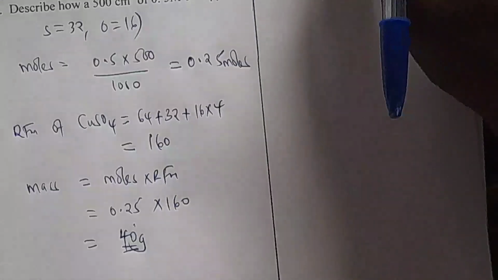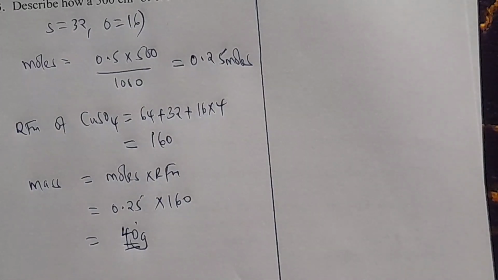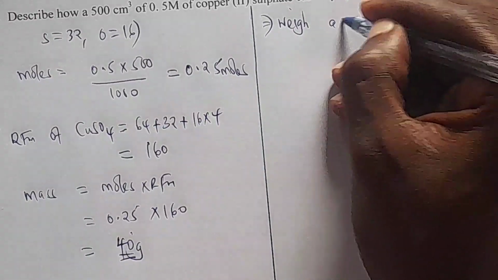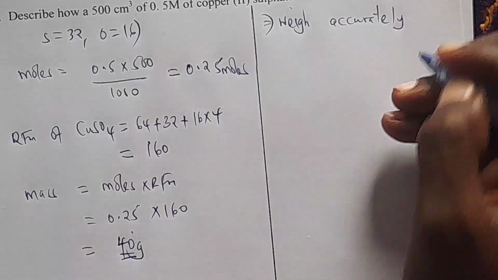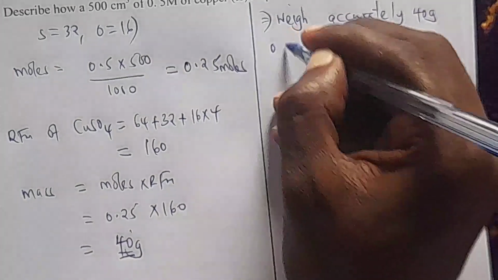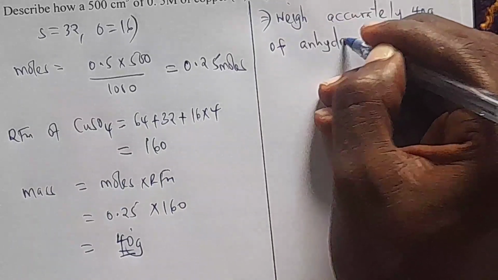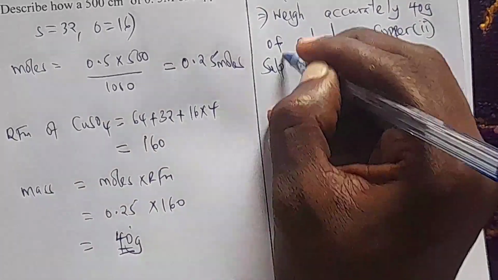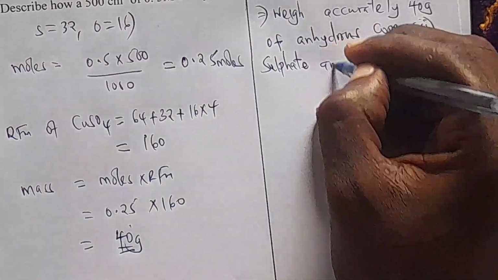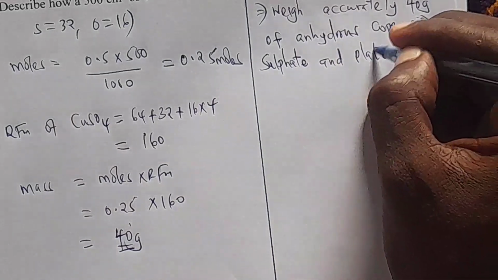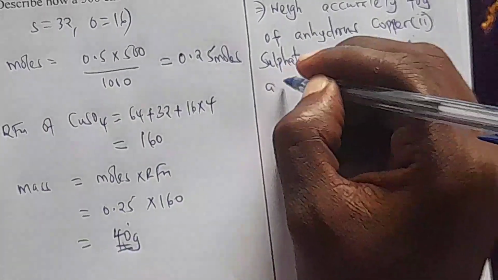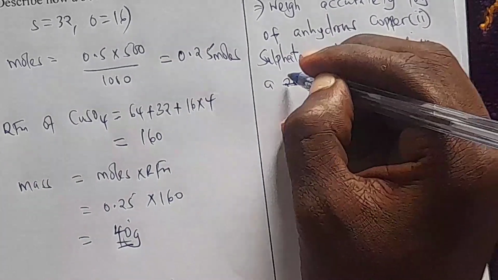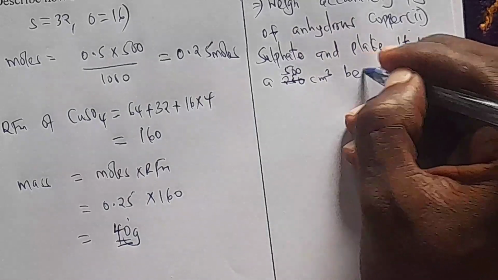We are going to say weigh accurately 40 grams of anhydrous copper 2 sulfate, and place it in a 250 centimeter cube, or you can say 500 centimeter cube beaker.